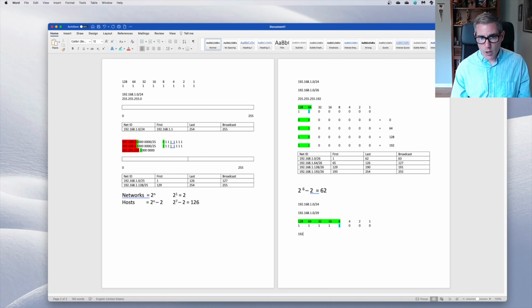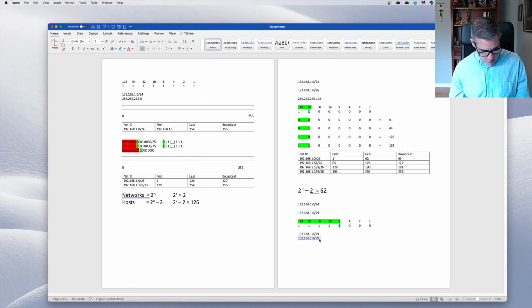If we want to do our networks now, 192.168.1.0/29. Our next network is 192.168.1.8, because we're just counting by 8s right now. .8/29. And then we would keep going.